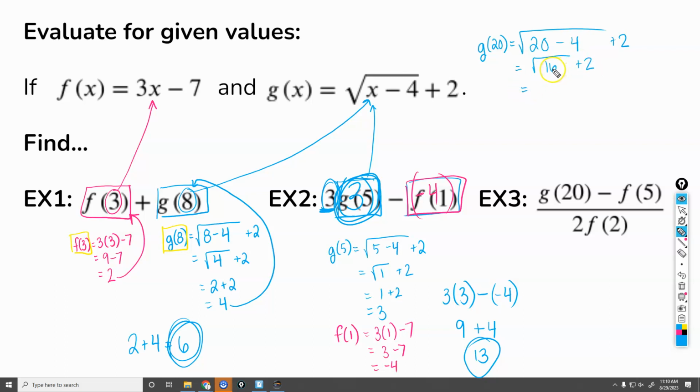Square root of 16 is not 8. 8 times 8 is 64. 4 times 4 is 16. If you need to, calculator's there. So g of 20 is 6. This number right here is going to be 6.